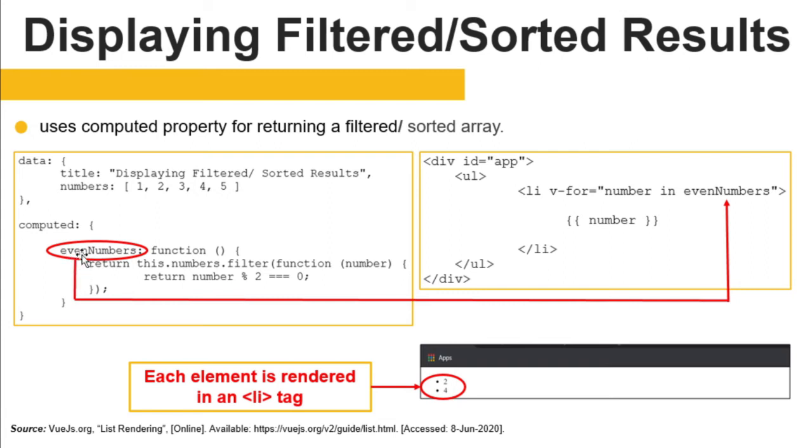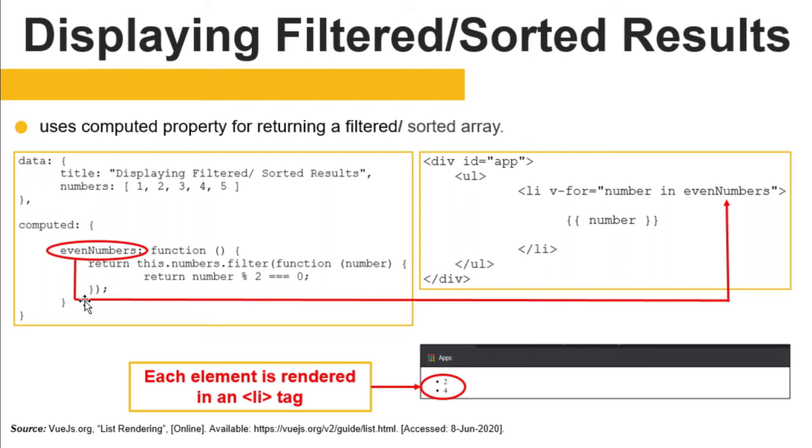Inside our evenNumbers computed property, we use filter, a JavaScript method, to filter each element of the array, which accepts a function taking number as a parameter, wherein these numbers refer to the numbers array defined in our data.